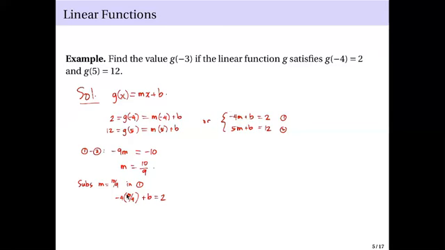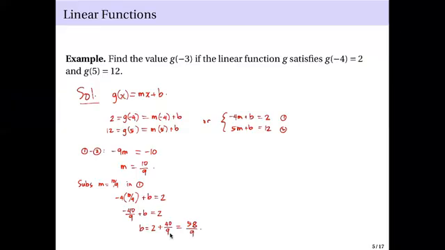But this is just negative 40 over 9 plus b equals 2, or b equals 2 plus 40 over 9. Then you combine this into a single fraction, you should get 58 over 9.